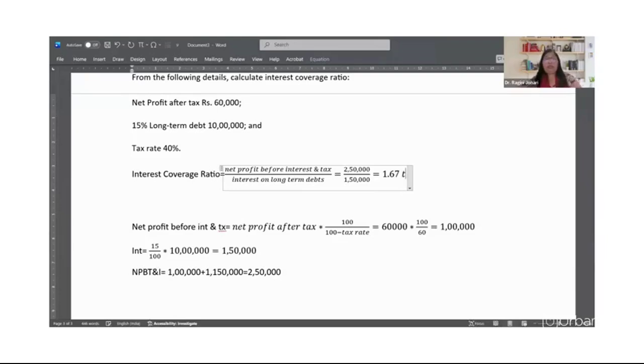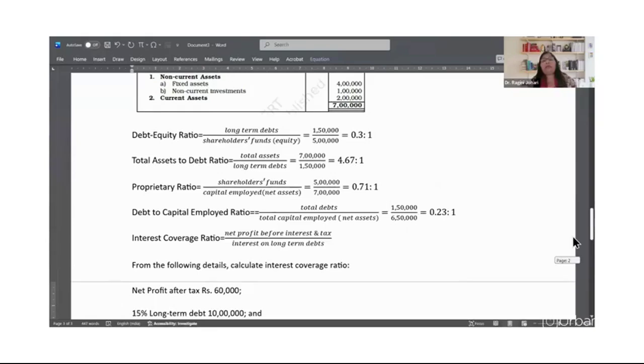1.67. Now here this ratio is mentioned in terms of times. See, students, this is to be noted. These accounting ratios can be mentioned in three ways. One, when we mention it in ratio terms, as we have seen earlier, 0.3 is to 1, 4.67 is to 1, that way.